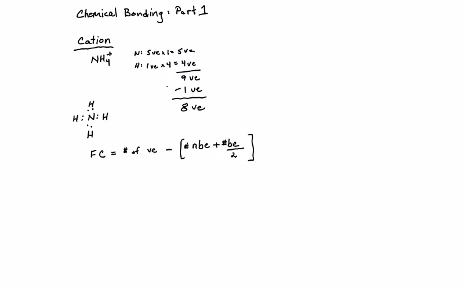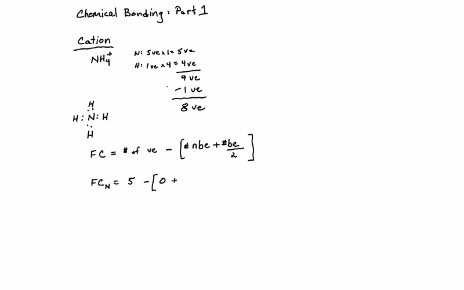So let's look at nitrogen. We want to figure out the formal charge on nitrogen. The number of valence electrons that nitrogen should have is 5. Now if we look at the structure that we've drawn, we see that every one of the electrons that's part of nitrogen is involved in a bond. So there are 0 non-bonding electrons.